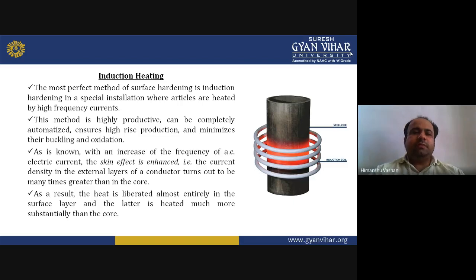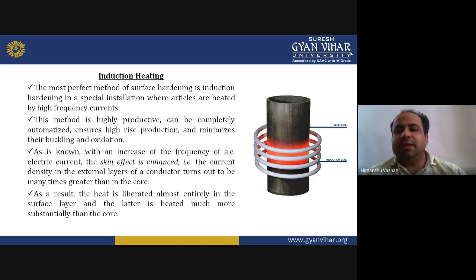Now the most perfect method of surface hardening is induction hardening, in a special installation where articles are heated by high frequency currents. You use high frequency currents for heating the articles, and induction heating is primarily used for surface hardening.